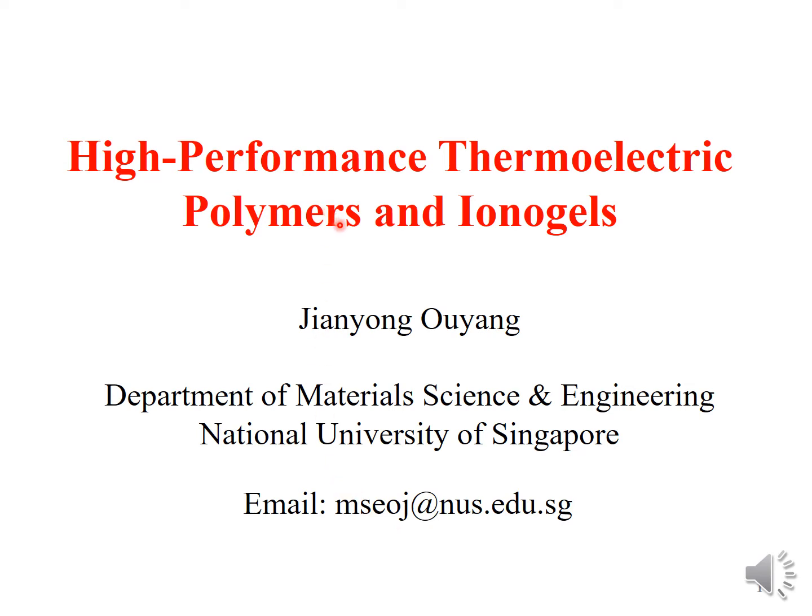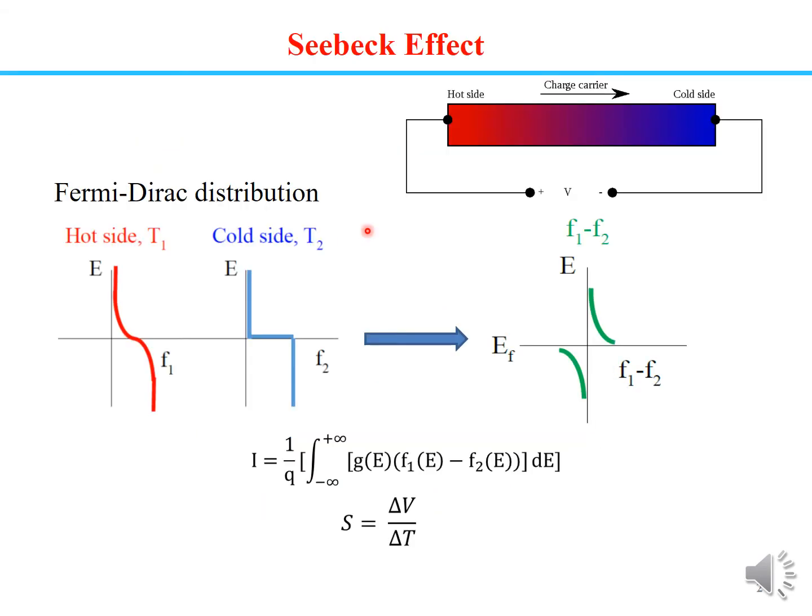My talk is on high performance thermoelectric materials. As you know, thermoelectric materials are related to the Seebeck effect. When the two sides of a conductor have different temperatures, the charge carrier distribution will be different.